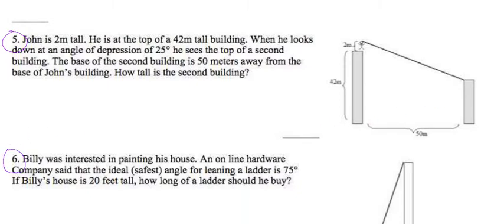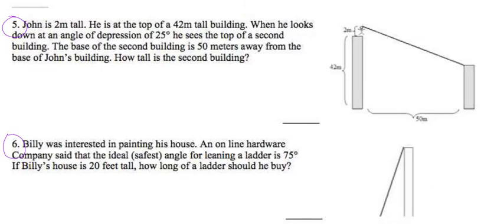Now, I'm looking at 4, and I don't see triangles at number 4, but I see a lot of information. So, let's see, John is 2 meters tall. Here he is. He is at the top of a 40-meter tall building. That's all written in. When he looks down at the angle of depression, remember the angle of depression is from the horizon down.